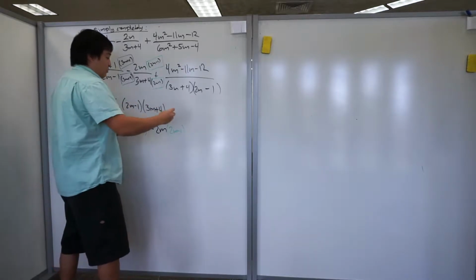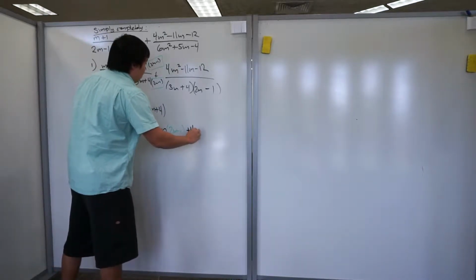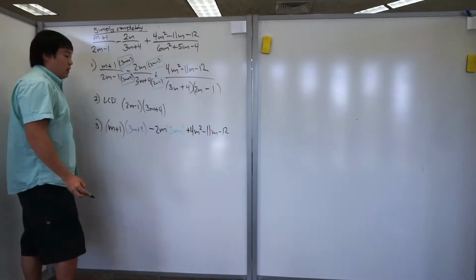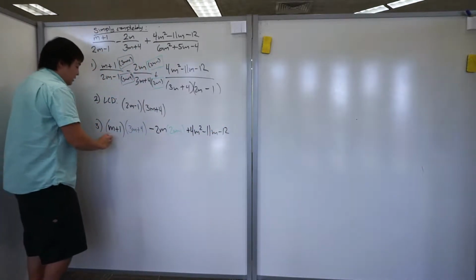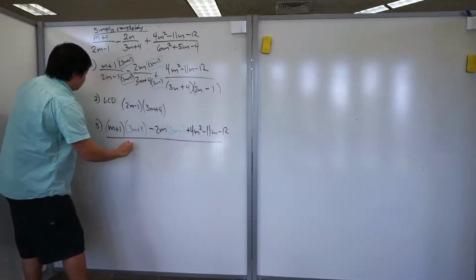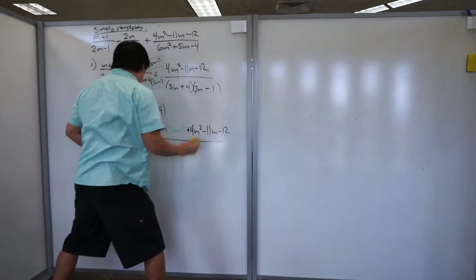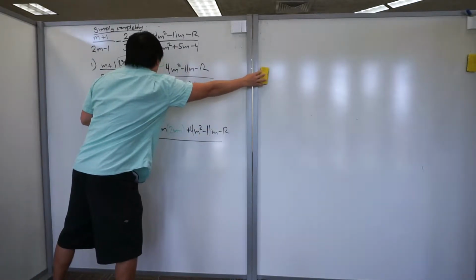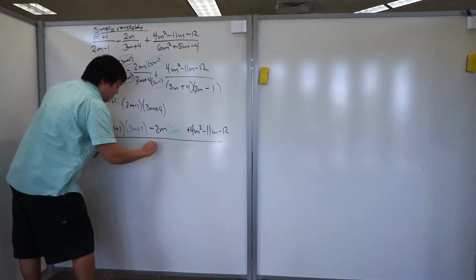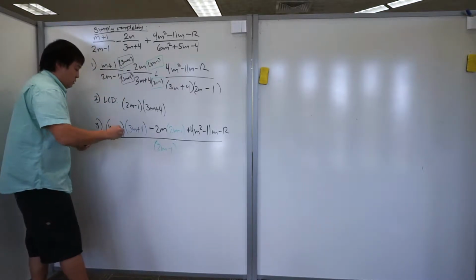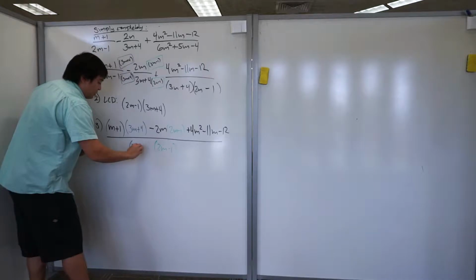And then we're going to leave the rest, which is plus 4m squared minus 11m minus 12. And the denominator is the LCD, which is 2, write down that, m minus 1 and 3m plus 4.